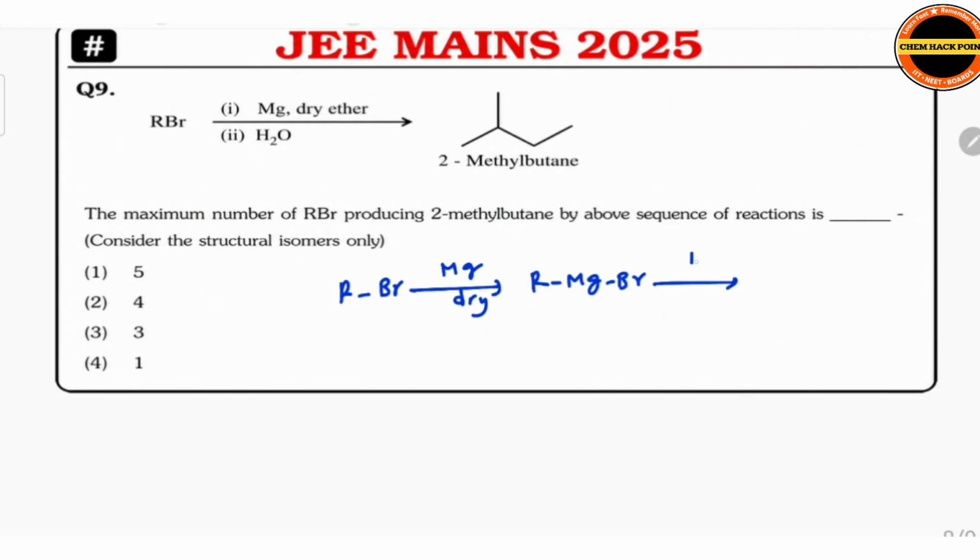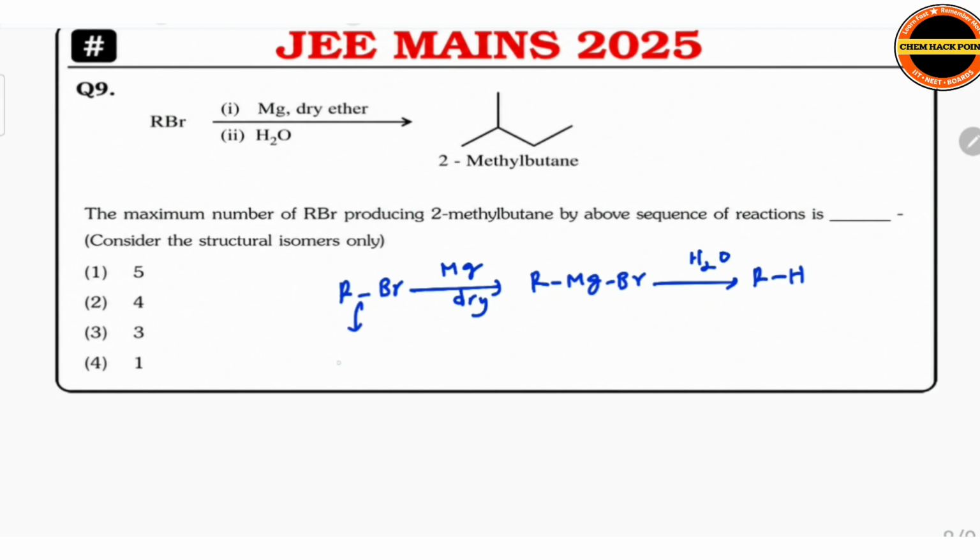After that, on hydrolysis, you will get RH, which is an alkane. We know this reaction, we just studied it above. So how many isomers of RBr will give 2-methyl butane? So see the possibilities here now.